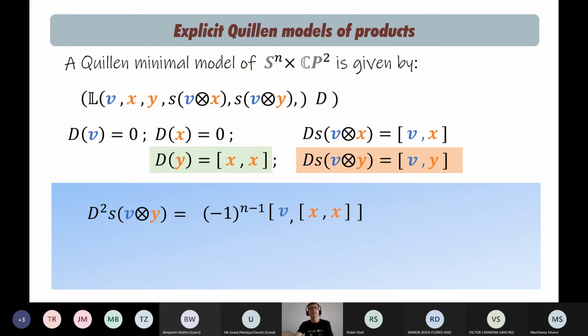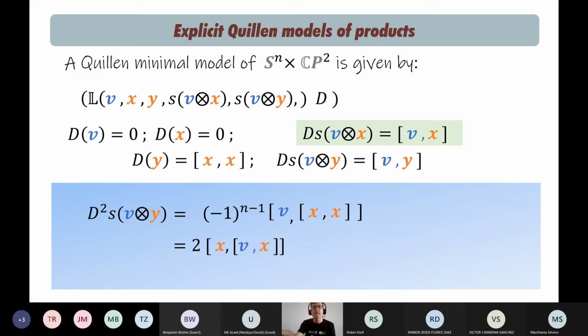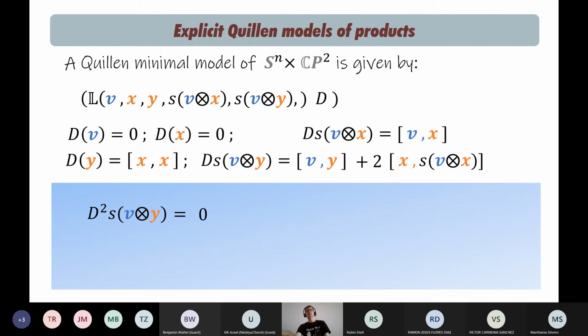Well, we can apply here Jacobi identity and antisymmetry, and then see that this element has differential the bracket of V and X. So if we add here this element, then now the differential is 0. And this element, this beta of V and W, will live in the kernel of the quasi-isomorphism. So this should be done by hand in each case.